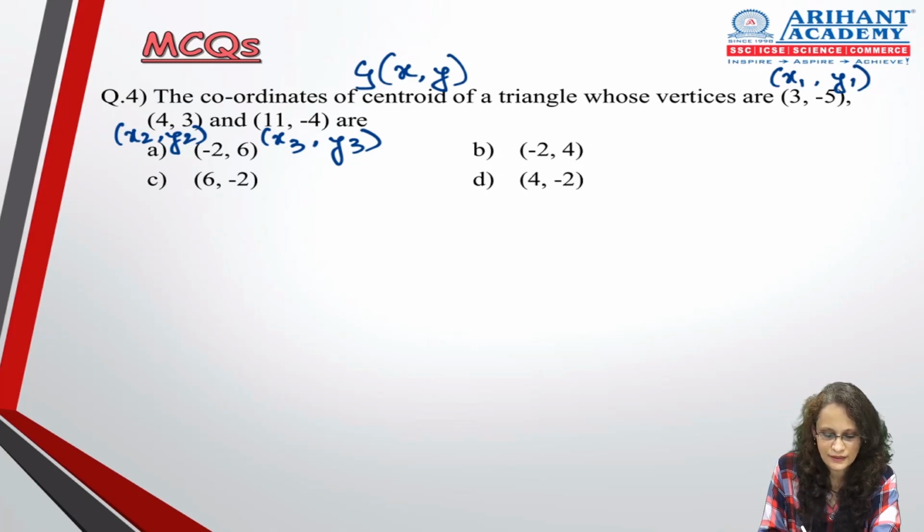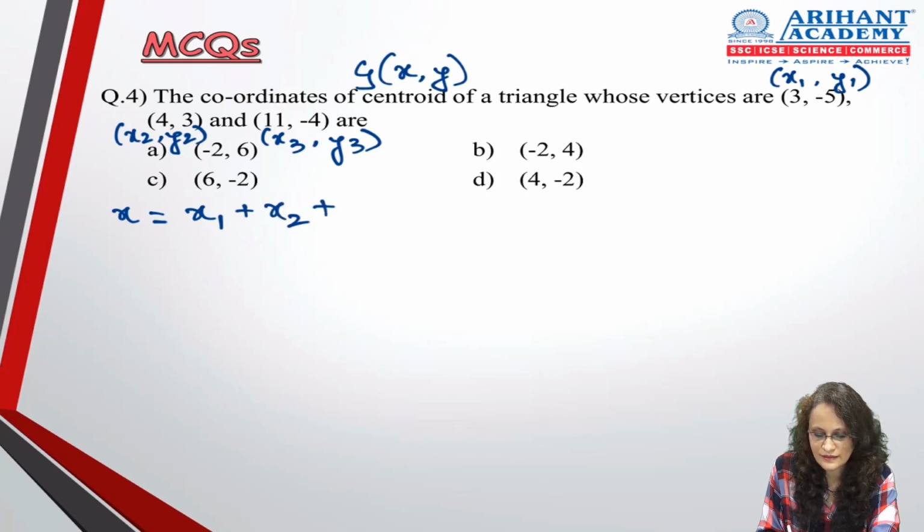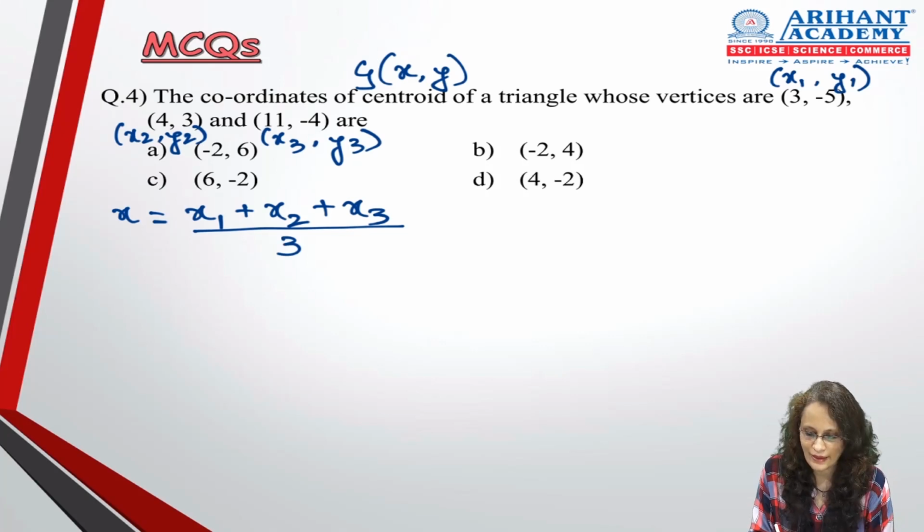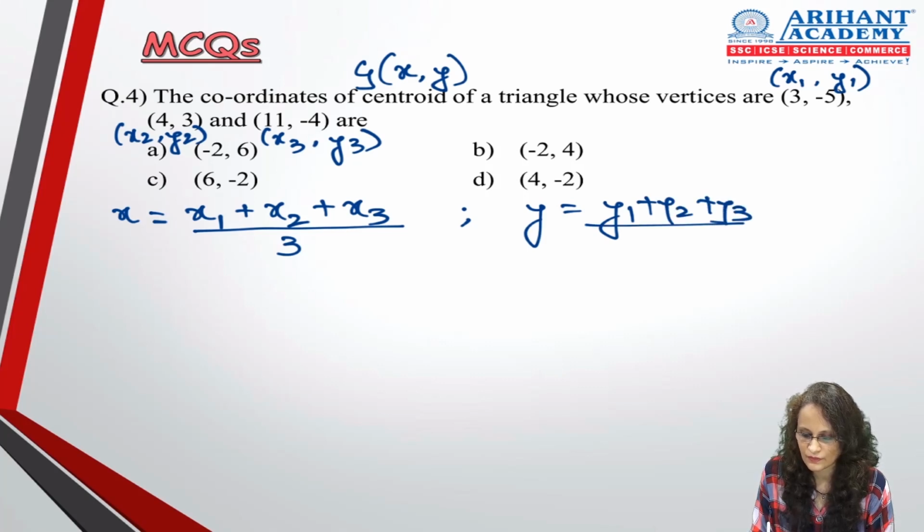So let's begin. So x is nothing but x1 plus x2 plus x3 upon 3, and y is equal to y1 plus y2 plus y3 upon 3.